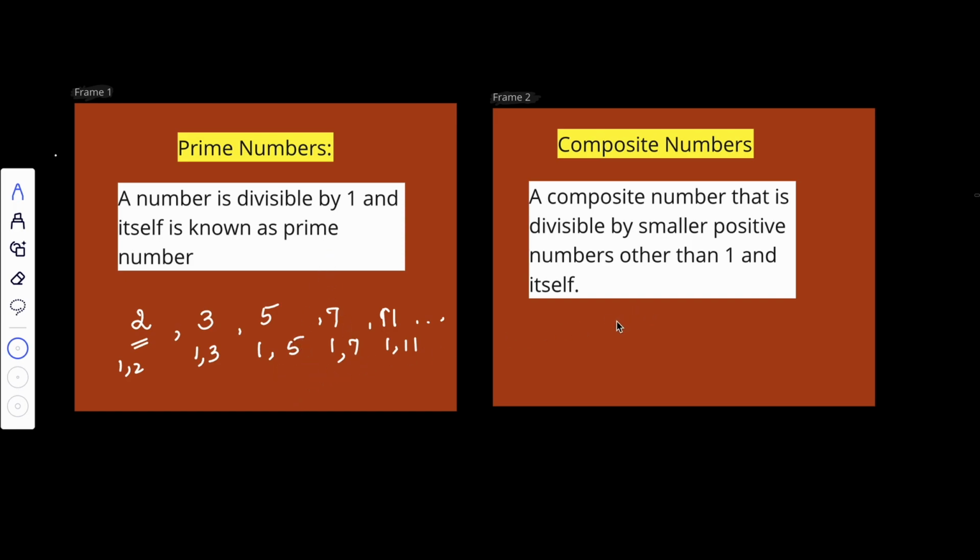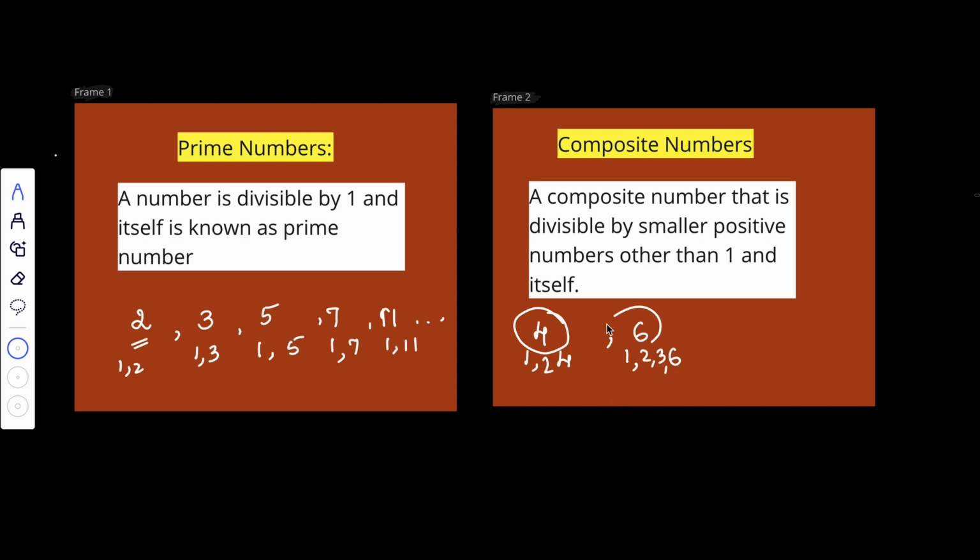Next we are going to composite numbers. I'll give an example. 4 we can divide by 1, we can divide by 4, but we can divide by 2 also. So this number is a composite number. 6 we can divide by 1, we can divide by 6, then we can divide by 2 and 3.